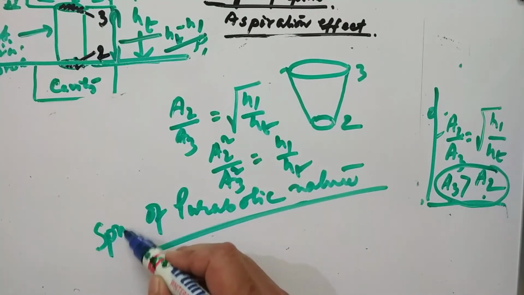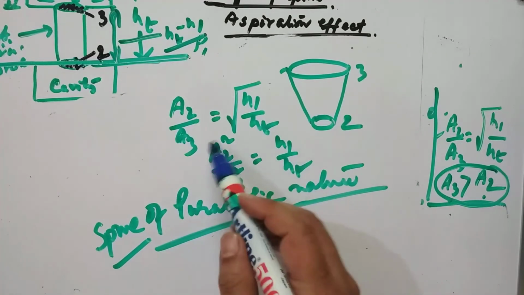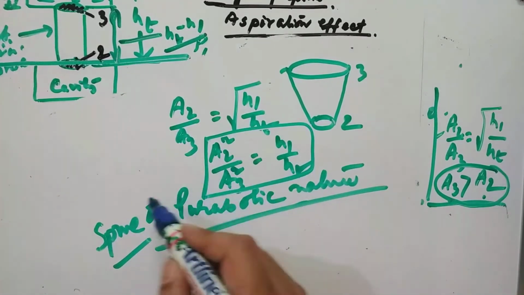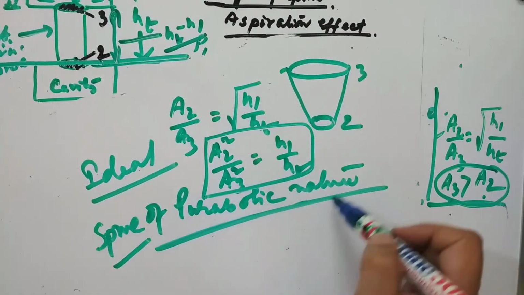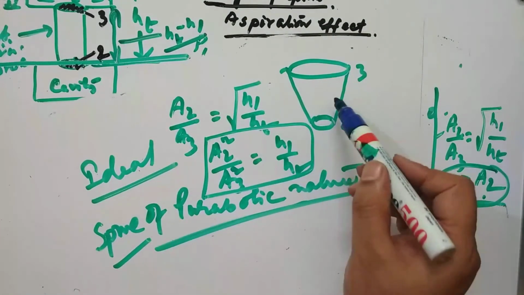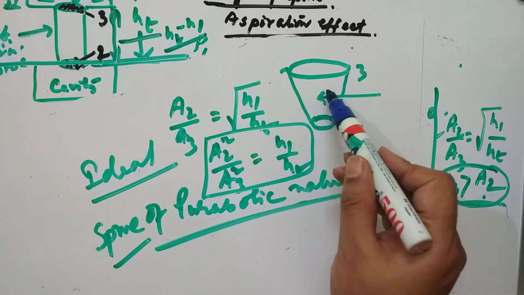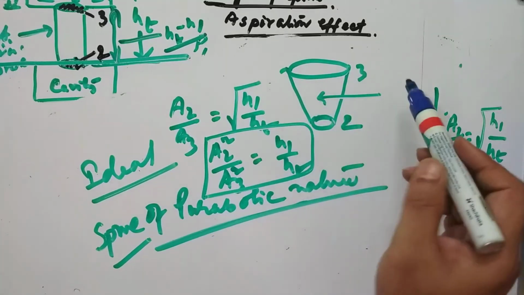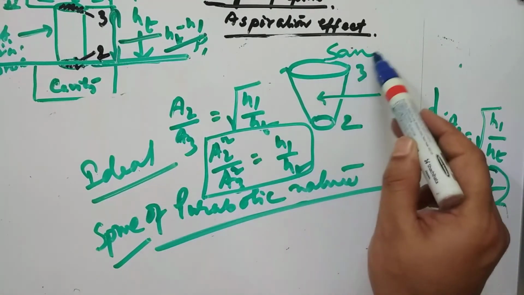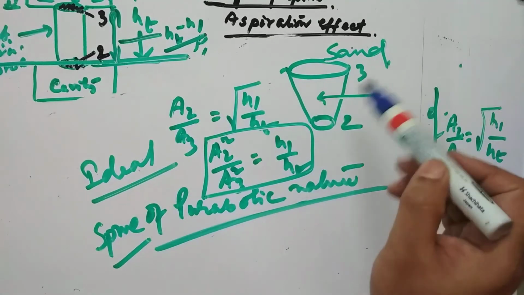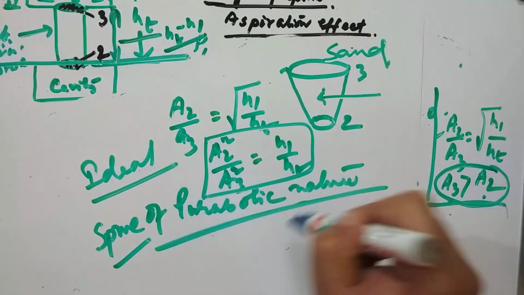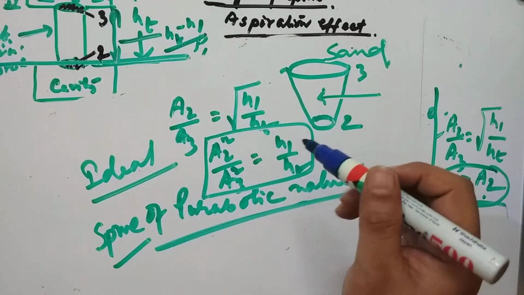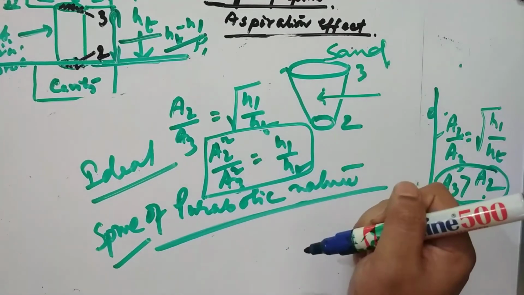If you want to have an ideal sprue, you should have a parabolic nature. But because it is impossible to make a parabolic shape in sand, as you all know, this is made of sand, we have to consider something else.